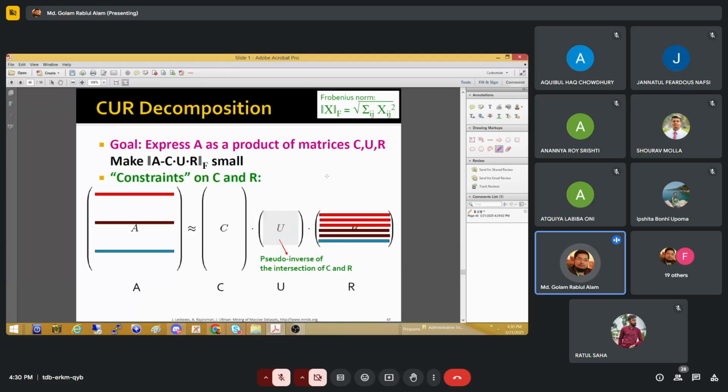Another thing is computational inefficiency. In SVD, we have to form different types of matrices.